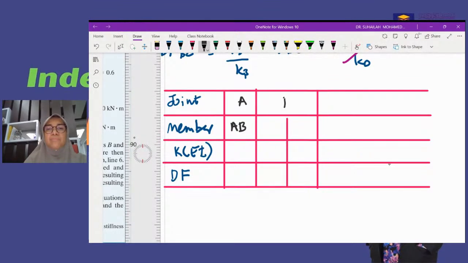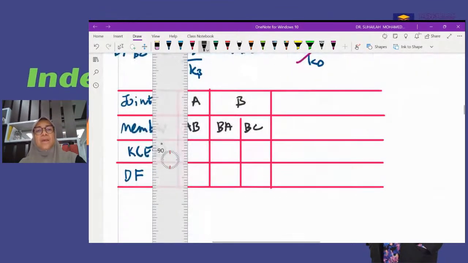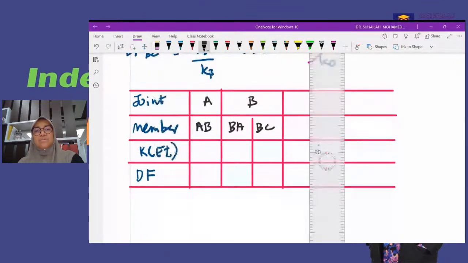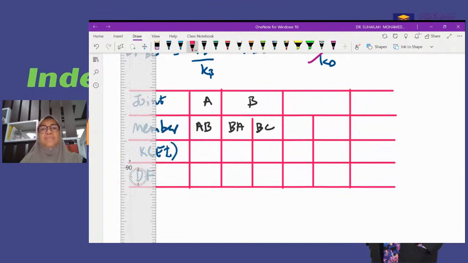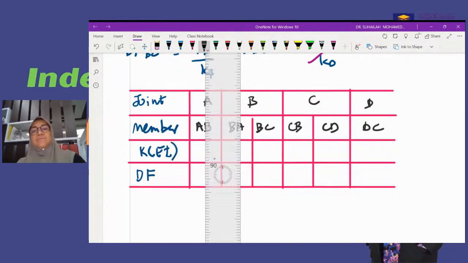Then joint C, with CB and CD. And lastly joint D, with DC.